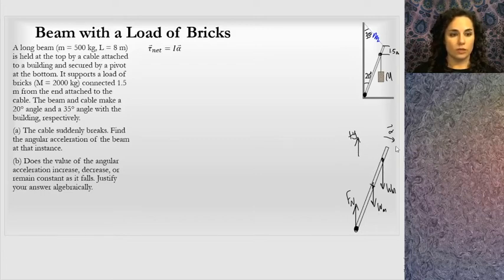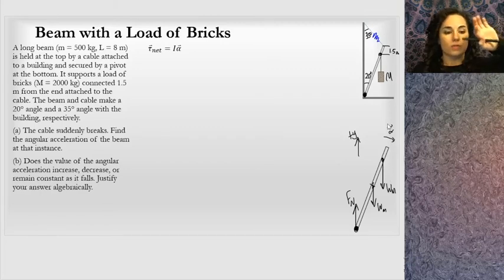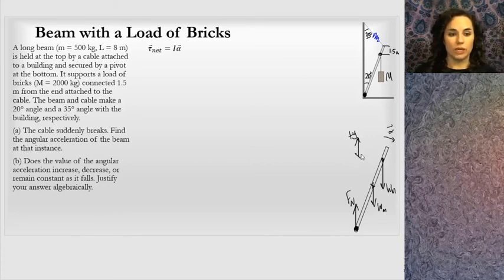I'm going to note that the angular acceleration is going to be, if I rotate in the clockwise manner with my right hand, I get my thumb pointing into the page. So I'm going to make into the page positive for torque, so I don't have to deal with any negative signs there. So the torque, well, about this pivot point P down here, the weight of the beam is going to cause a positive torque, and the weight of the bricks is going to cause a positive torque.